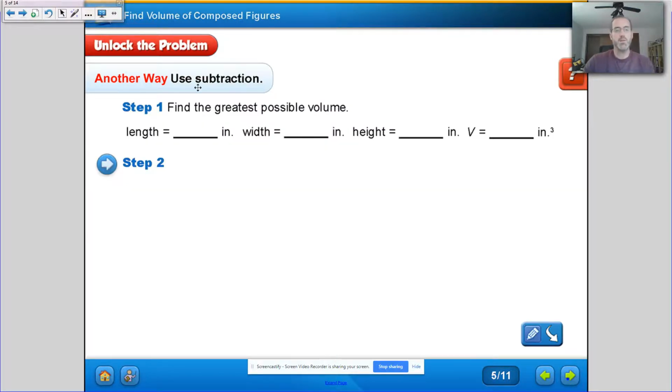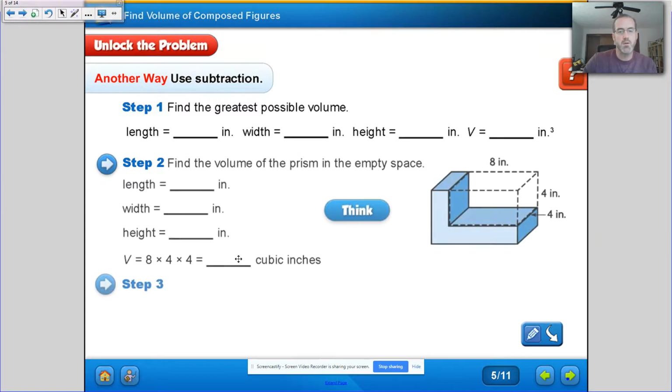Another way is subtraction, and it's finding the overall volume with the missing piece and then subtracting that. As you can see here, it says find the length, the width, and height overall, and then the total volume. Then step 2 is thinking, I've got this blank space here and I need to subtract that out.